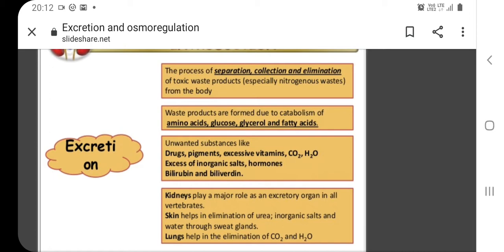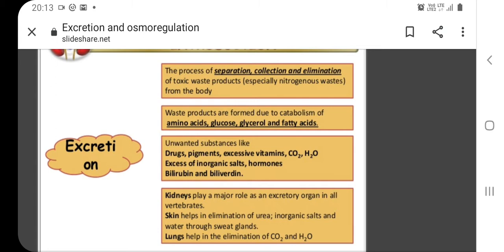Now, excretion is the process of separation, collection, and elimination of toxic waste products, especially the nitrogenous waste, from the body. Waste products are formed due to catabolism of amino acid, glucose, glycerol, and fatty acid.